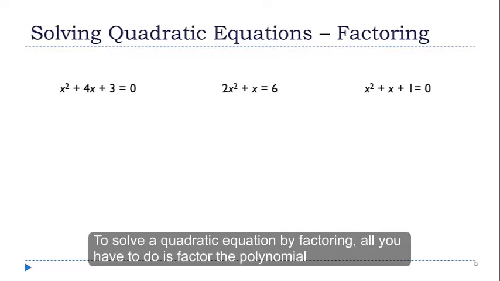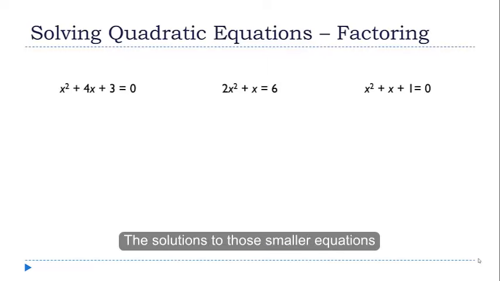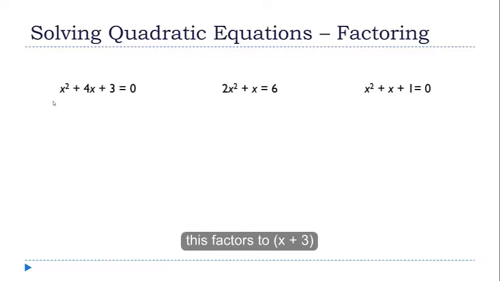So to solve a quadratic equation by factoring, all you have to do is factor the polynomial, then set each of the individual factors equal to 0. The solutions to those smaller equations will also be the solutions of the original equation. So, looking at this first problem, this factors to x plus 3 times x plus 1.